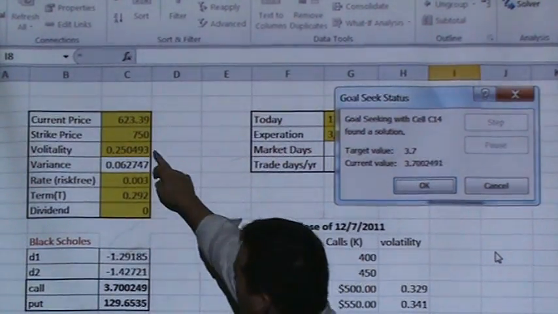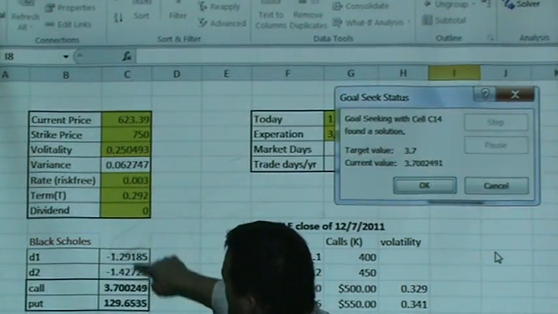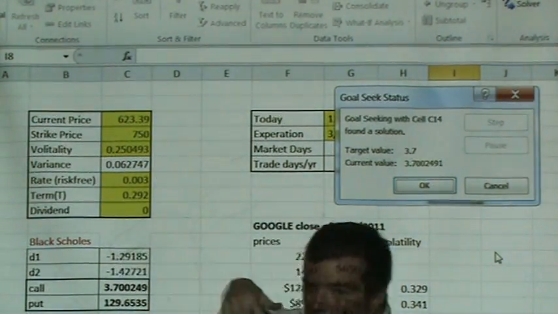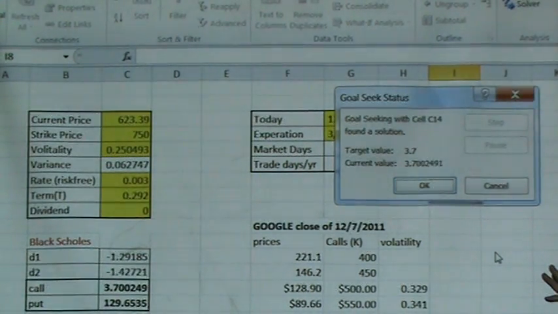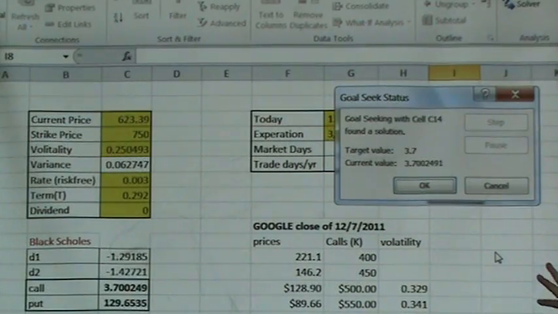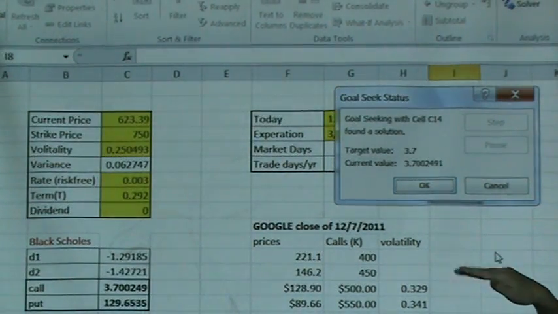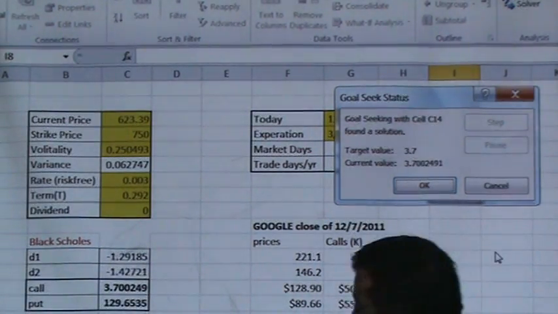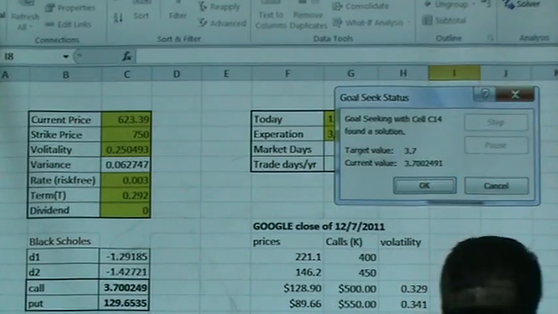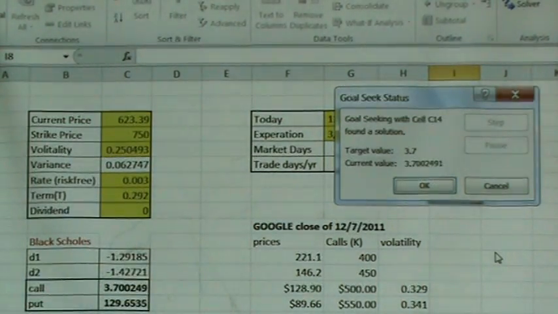This being very low is because it's not likely you'll go above 750. And the put is already $126 in the money. Oh, I see. And you're also paying an extra $3 or $4 just to have it.